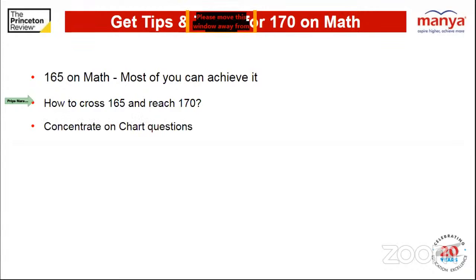So one area that you can look for is the chart questions. Am I right? How many of you think that the chart questions are difficult? I can see a few hands being raised. Okay, quite a lot of you think that it's difficult. So how to tackle?